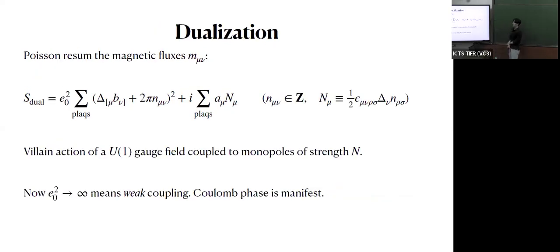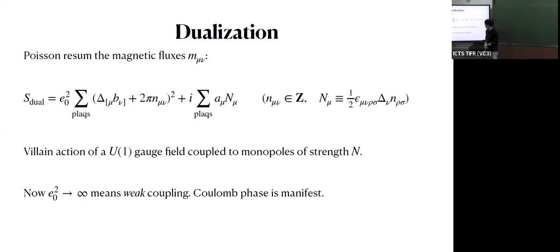We can actually answer this question immediately because you can exactly dualize the modified Villain action by Poisson resumming the magnetic fluxes. And that gives you this action.